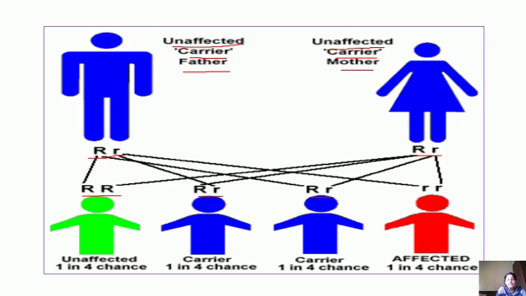But the last one has the homozygous recessive allele. So this child actually has thalassemia because it has both small r, small r. I told you that thalassemia is an autosomal recessive disease.